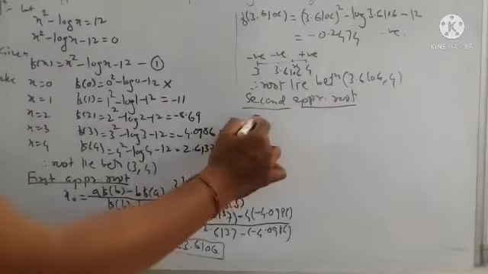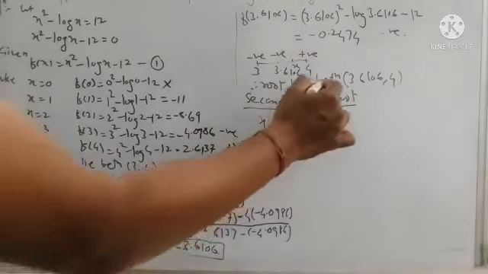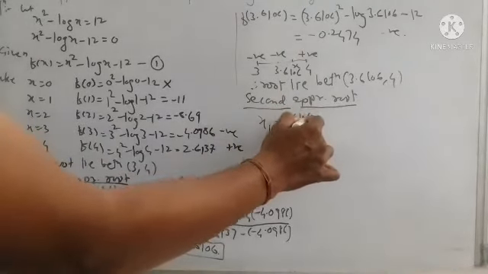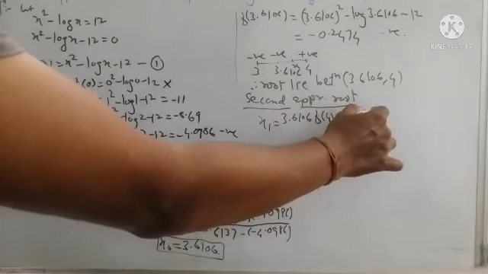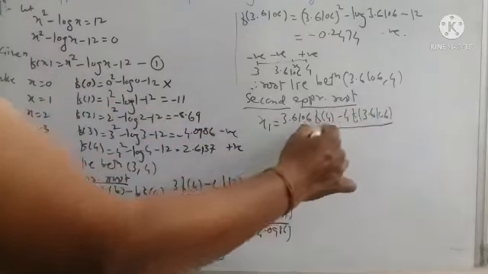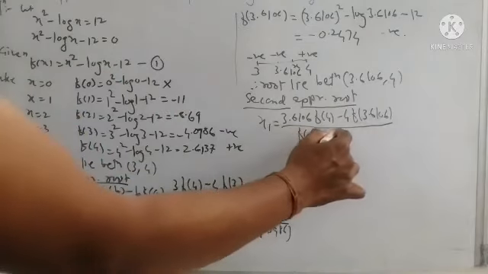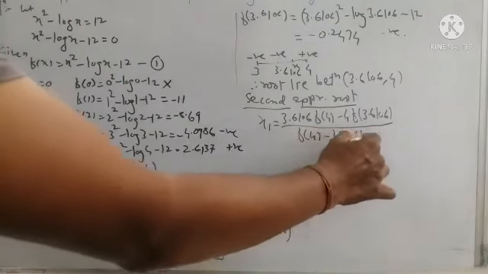So using this interval we can evaluate the second approximate root of this algebraic equation as x1, by using the endpoints: 3.6106 multiplied by the function at 4 minus 4 into the function at 3.6106, divided by the function at 4 minus the function at 3.6106.